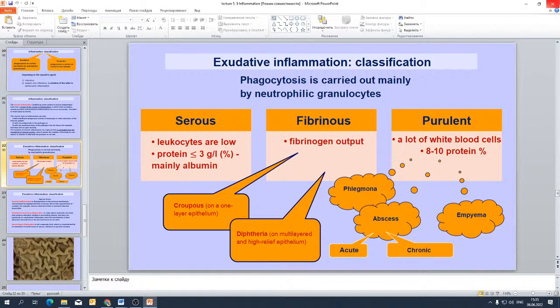Okay, type of special inflammation. Next questions about special inflammation. Continue, please. Write in WhatsApp, please.